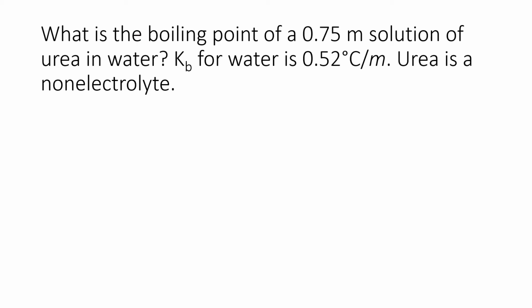All right, what's the boiling point of a 0.75 molal solution of urea in water? The KB for water is 0.52 degrees Celsius over m. Urea is a non-electrolyte. So delta TB equals KB times m times i.